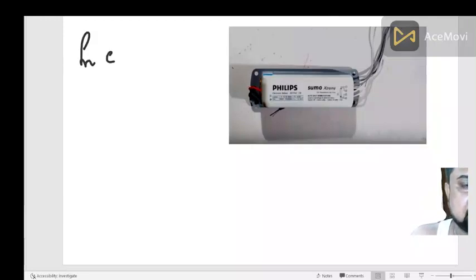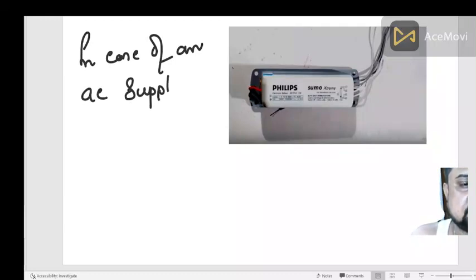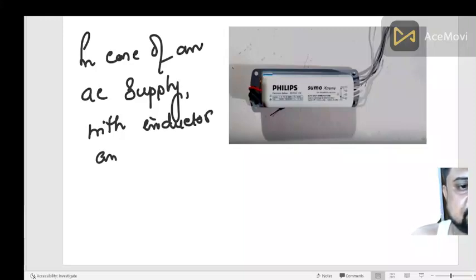When you have a choke or inductor, in case of an AC supply, one important thing that you have to understand regarding this, AC supply with inductor and resistance.